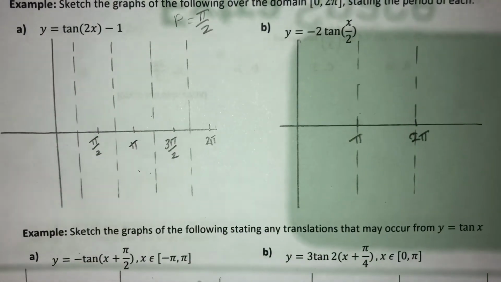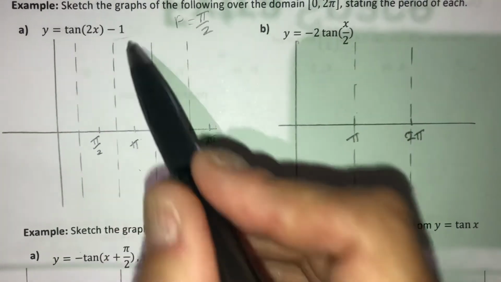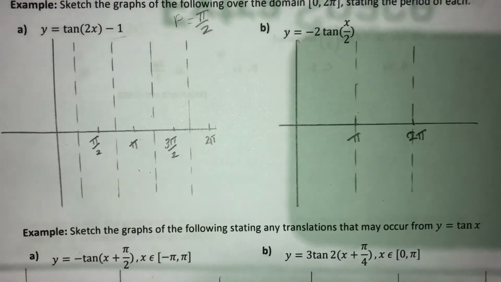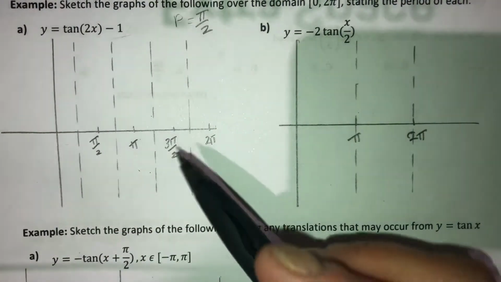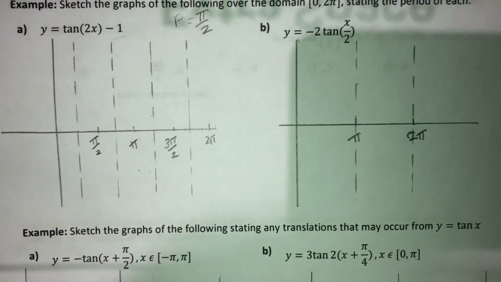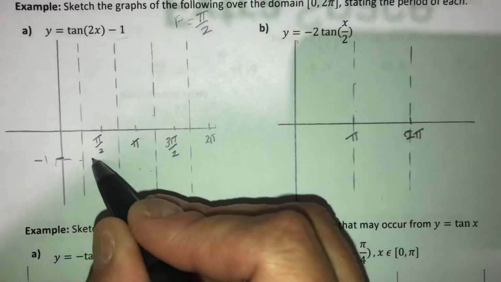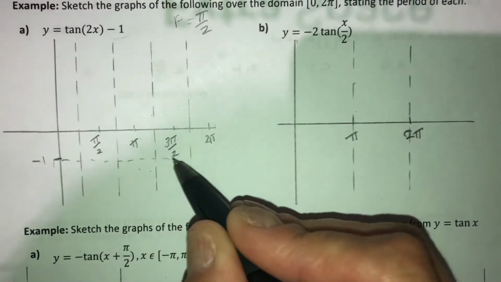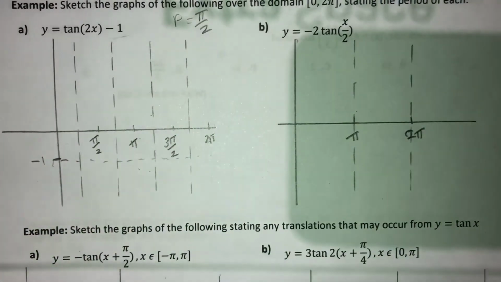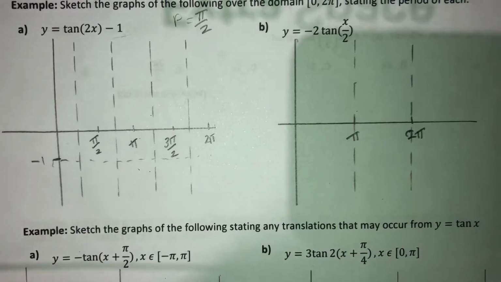However, the other thing we need to take into consideration here is the -1, and our -1 is going to mean that we drag it down to -1. Okay, so if you draw your line across here, this is how we now consider our x-axis, so where our point of inflection is going to go through.